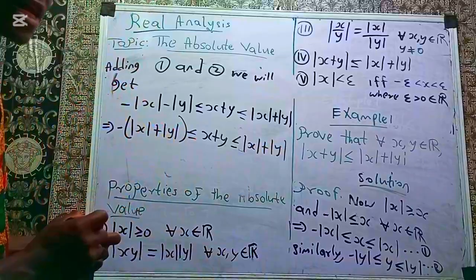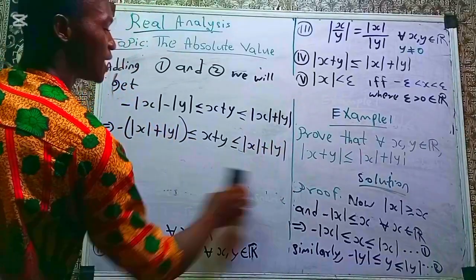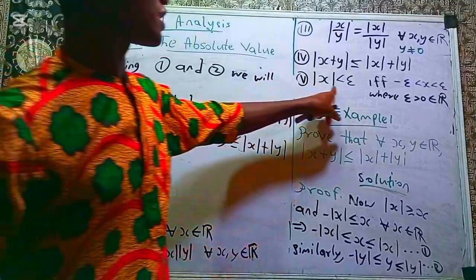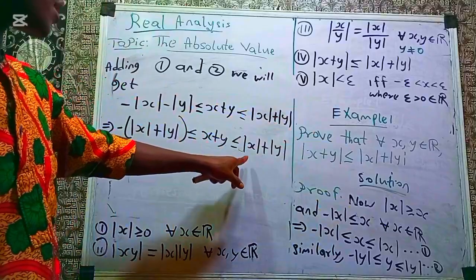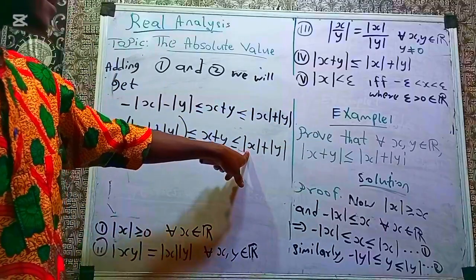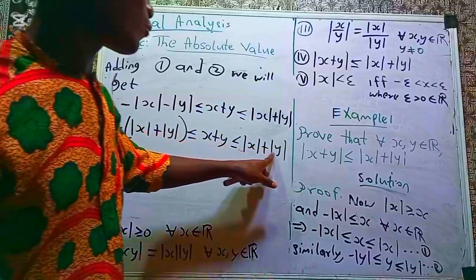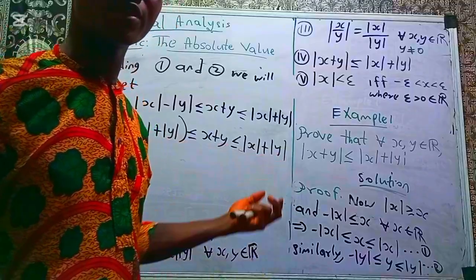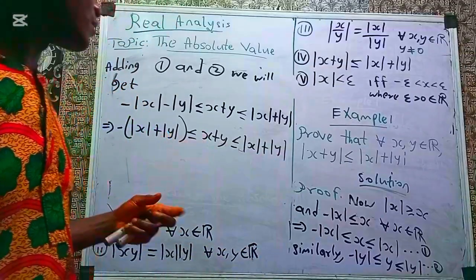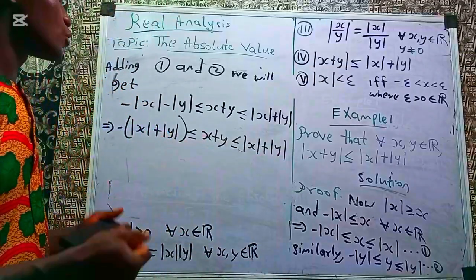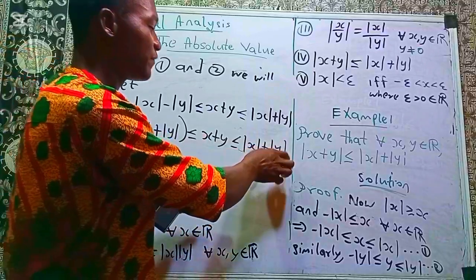So this is what we have. But look at the fifth property, right? Look at the fifth property. You know that absolute value of x is positive, absolute value of y will be positive. If you add two positive real numbers, you get what? A positive real number.